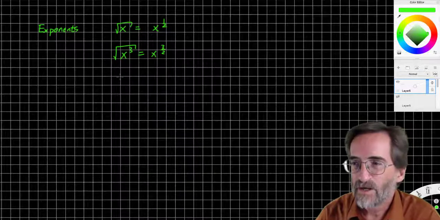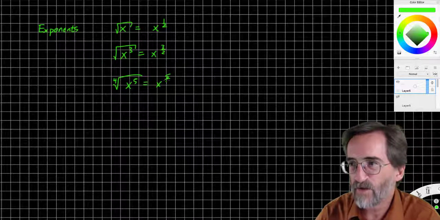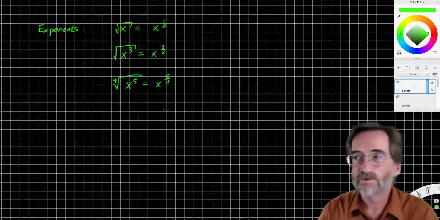Another one: let's say I have the 4th root of x to the 5th. That would be x to the 5/4. So hopefully that makes sense. All of the rules of exponents apply.